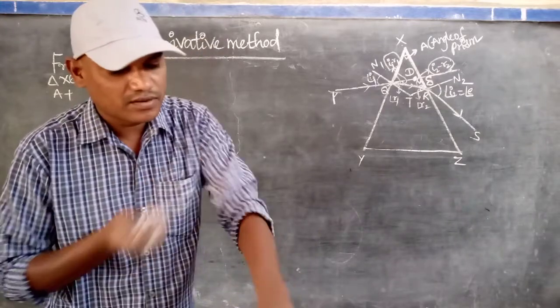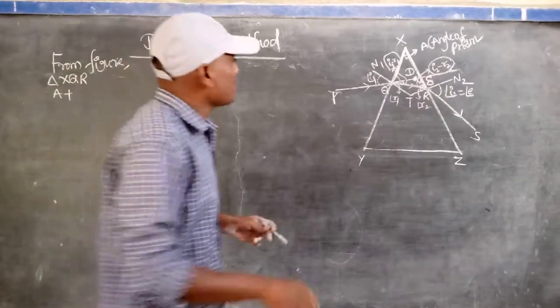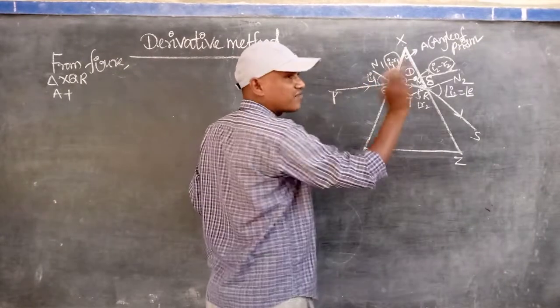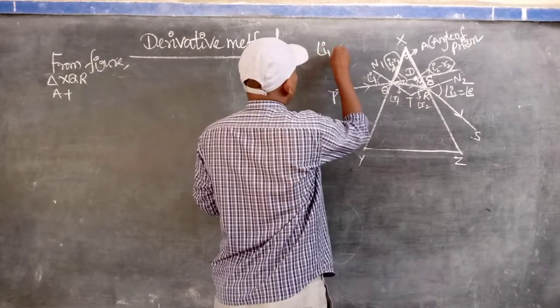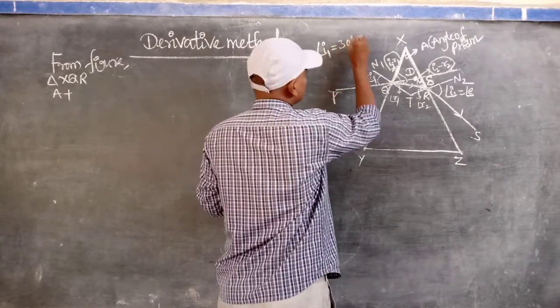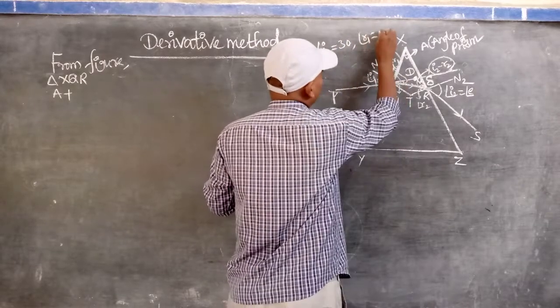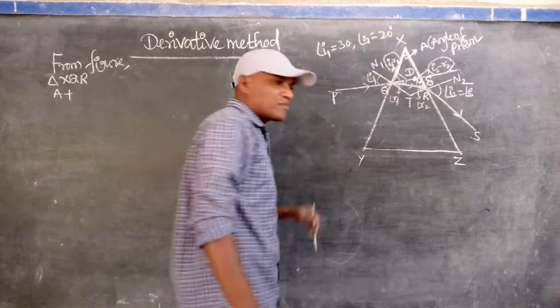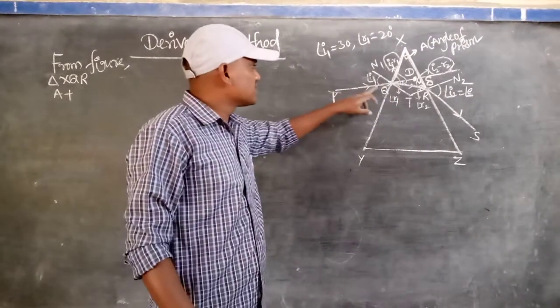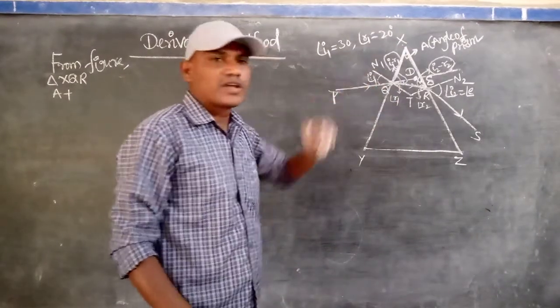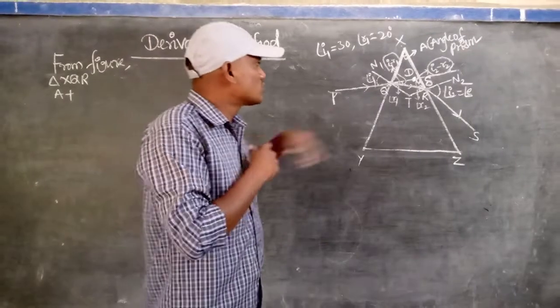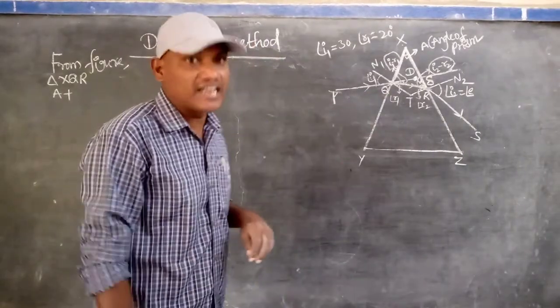But in this one, for example, just for understanding, I1 is equal to 30 and R1 is equal to this angle, 20 degrees. Why? Because when light travels from rarer to denser medium, the ray moves towards the normal, that's why the angle is less.